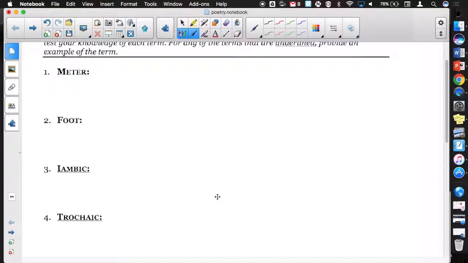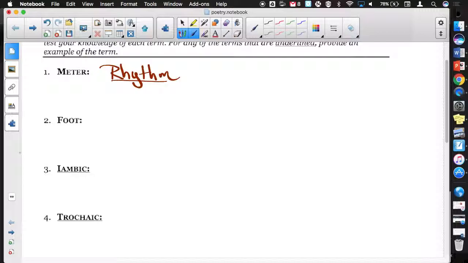All right, definition, meter. Nothing to do with measurement so far as centimeters, millimeters, and all those things, but it is still a form of measurement. Essentially, the best synonym for you would probably be rhythm.